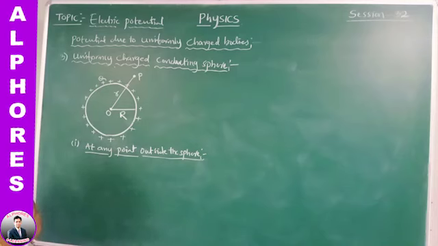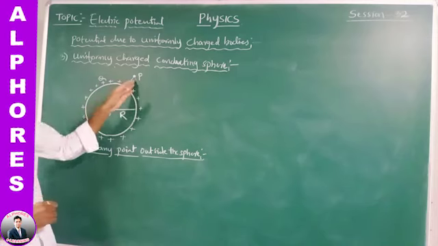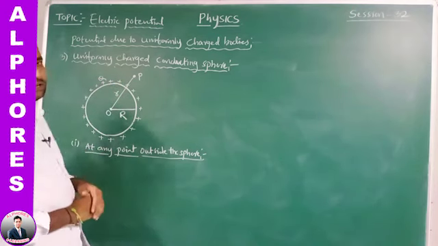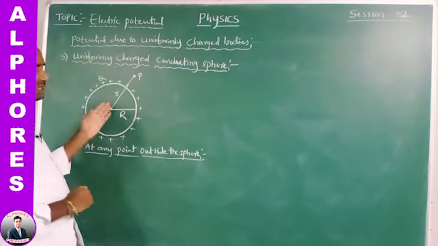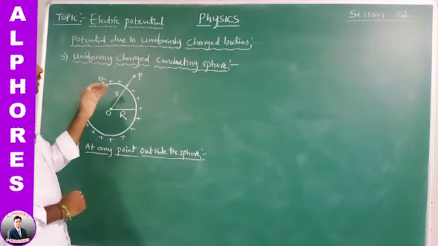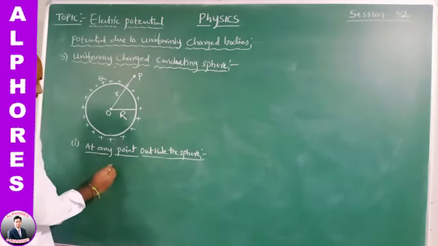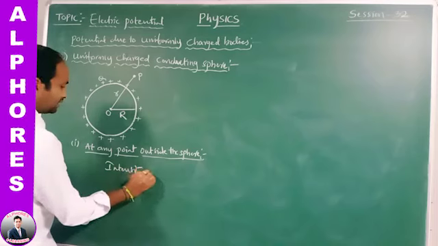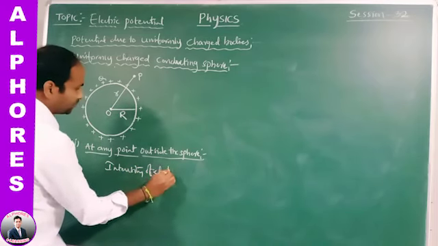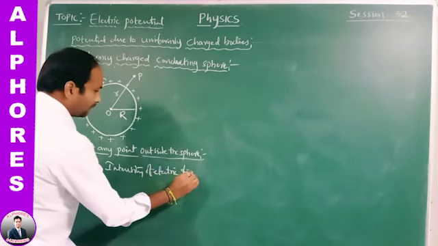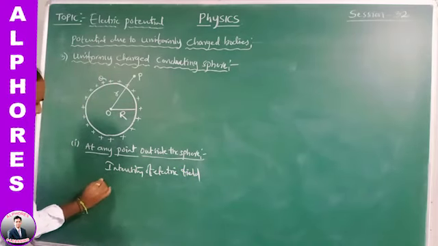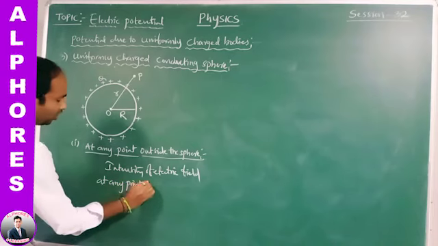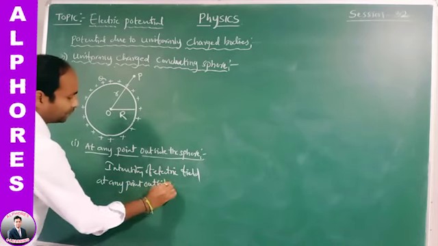Okay. Now, point P is at a distance of r from the center. And what is here? Intensity of electric field at any point outside the conducting sphere.